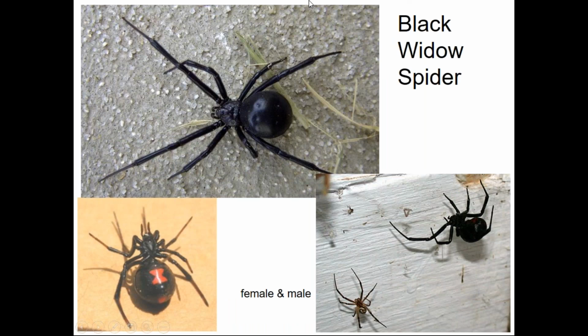So let's get started with some non-insect arthropods of note that are in our desert area, including Joshua Tree, a black widow spider you're probably familiar with. Most spiders are not dangerous to humans, but the black widow is one of just a couple that can be.